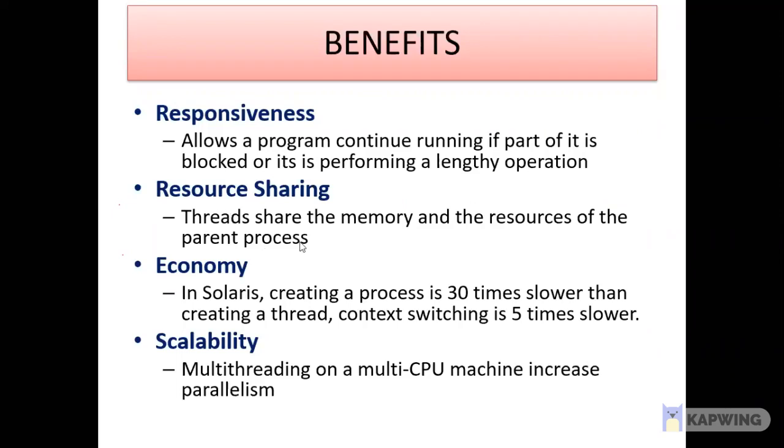As I explained in the previous slide, threads share the memory and resources of the parent process. Economy: in Solaris, creating a process is 30 times slower than creating a thread, and context switching is 5 times slower. So a thread requires less time for creation and for switching also.